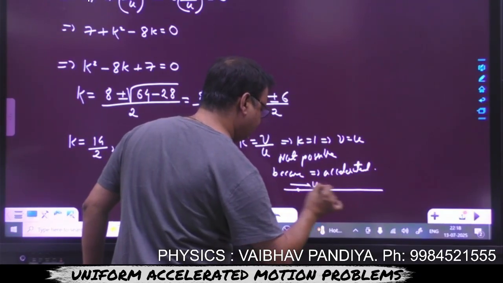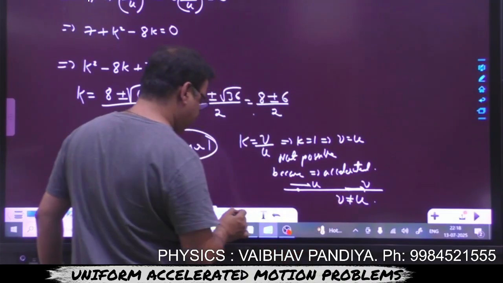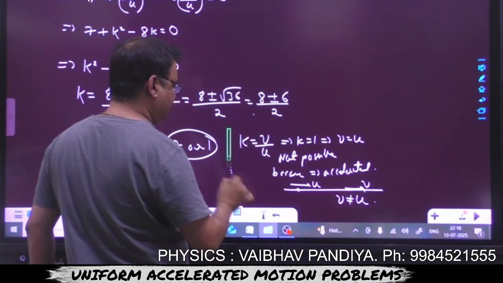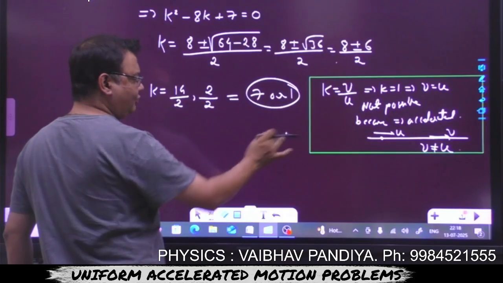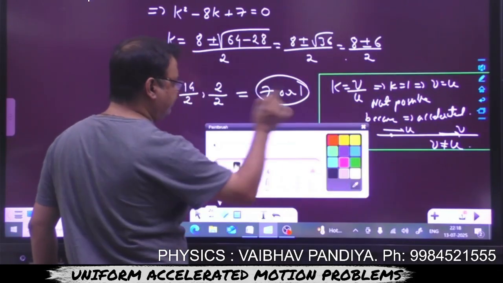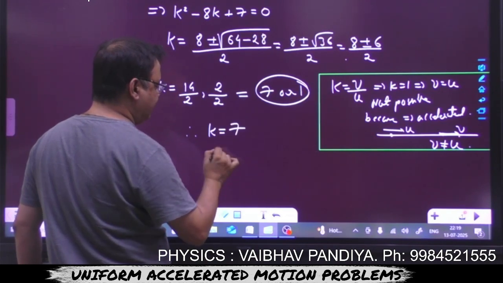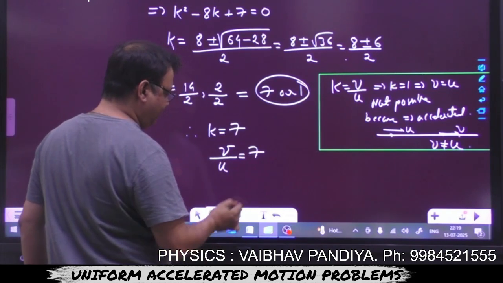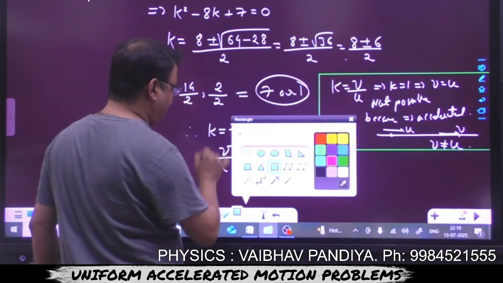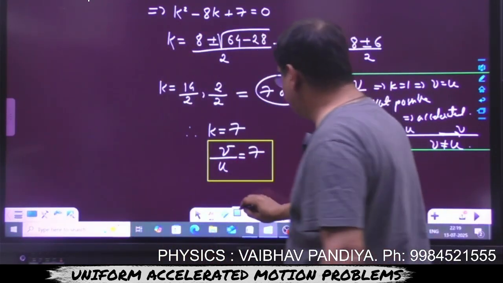So this is U and this will be V, so both values will be different, they cannot have the same value, correct? So it is not physically possible, so we are rejecting the value of 1, therefore the value of k will come to be 7, and k we have taken as V by U, so the answer for the ratio of V and U is 7. So this is the answer to the second part of the problem, got it?